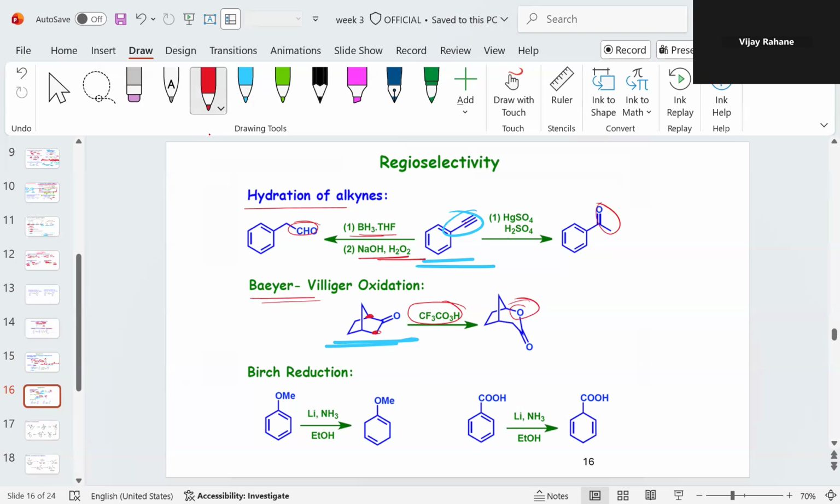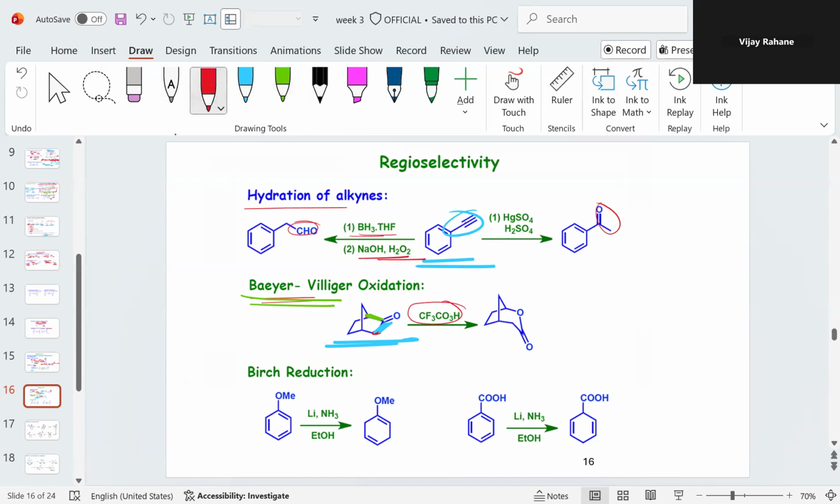So we had two options: either the migration occurs from the side with less substitution, or from the side where there is more substitution. In this Baeyer-Villiger oxidation, the oxygen insertion takes place on the side where the migrating carbon has more substitution. So this is also one example of a regioselective reaction.